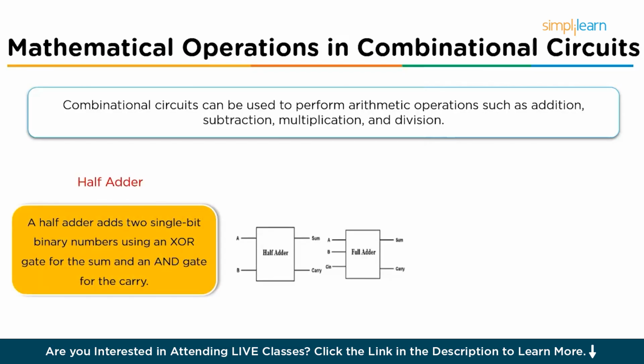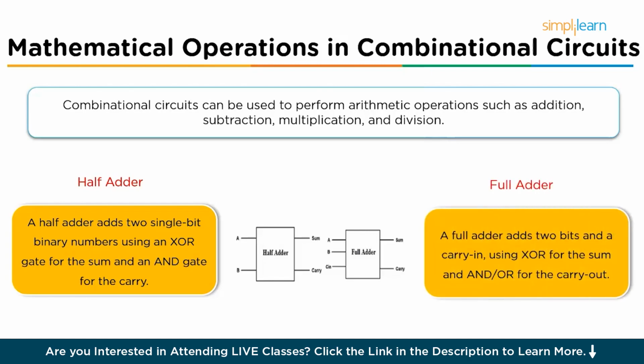So the half adder is the simplest combinational circuit for adding two single bit binary numbers. It consists of an XOR gate to add the two bits and an AND gate to generate the carry bit. Then there is another adder known as the full adder. The full adder is an extension of the half adder.